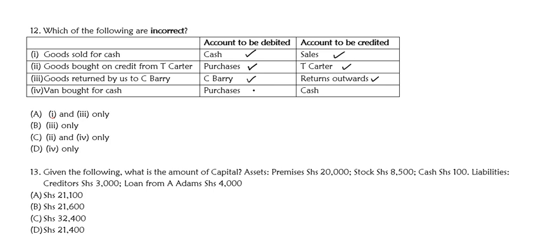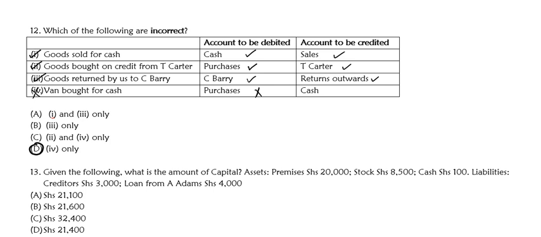This is wrong. Van bought for cash. When you buy a van, you should be debiting the van's account, not the purchases account. So number 12, the option which is incorrect is D. D is incorrect, that is 4 only. 1 is correct, option 2 is correct, and then 3 is correct. 4 is wrong.